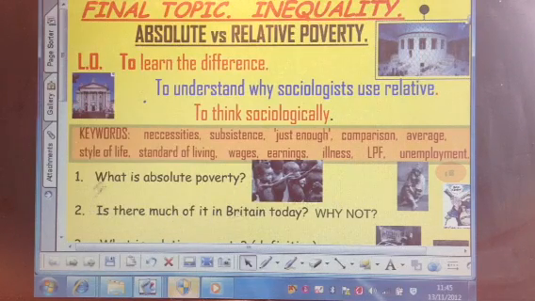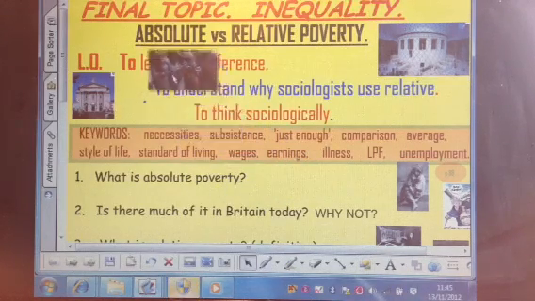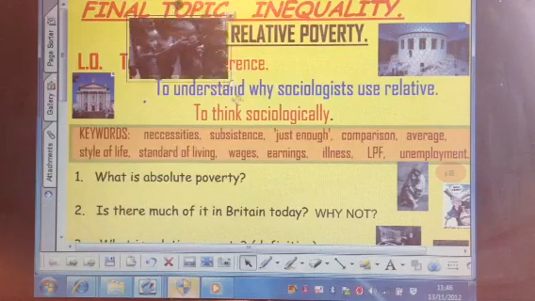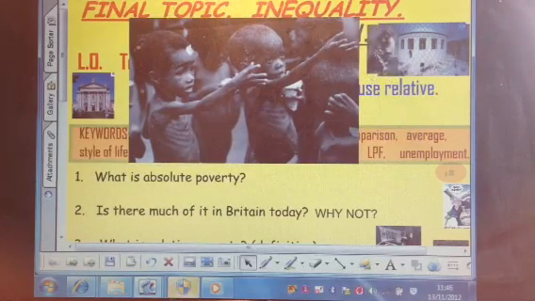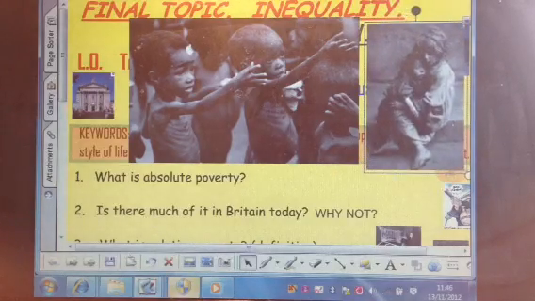So let's start. What is absolute poverty? If you live in absolute poverty, you are under threat of dying. These children here, Africa today, Victorian London, 100 odd years ago, 120 years ago, live in what we call absolute poverty.